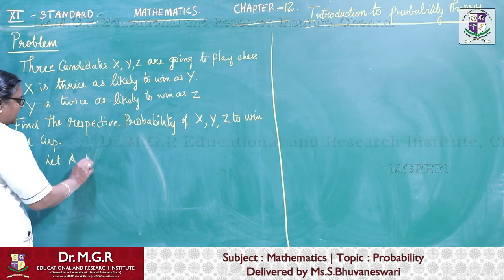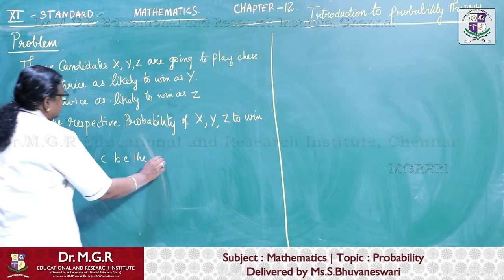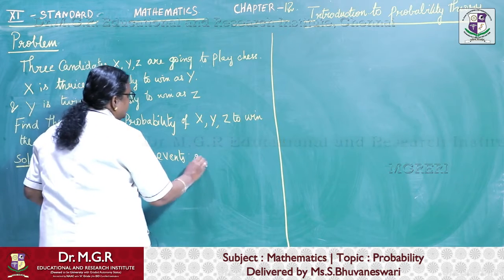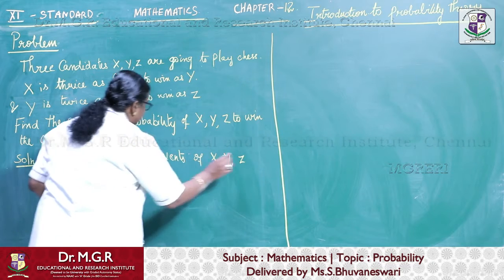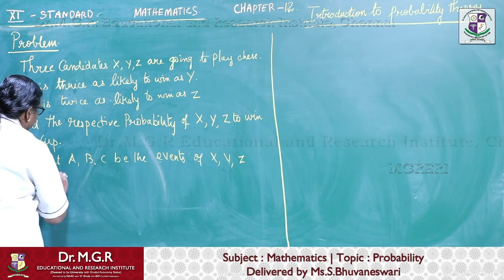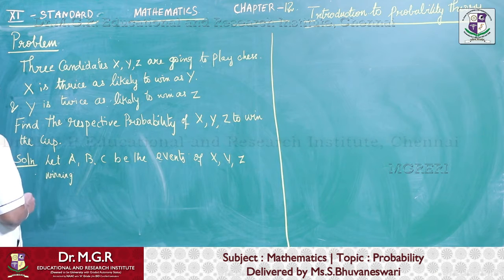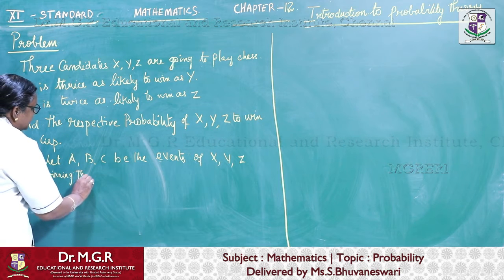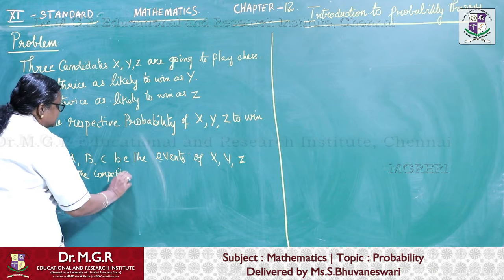Let A, B, C be the events of X, Y, Z winning the competition respectively. So we want the probability of X, Y, Z winning the competition respectively.